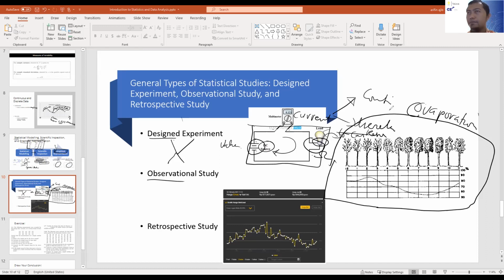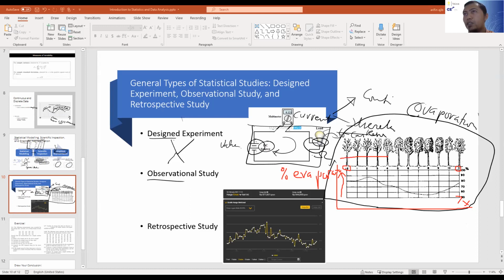You can see this kind of result. The y-axis is the percentage of evaporation, and the x-axis is the month. This is the 11th month, and starting again at month 1, 2, February, March, April, and so on.